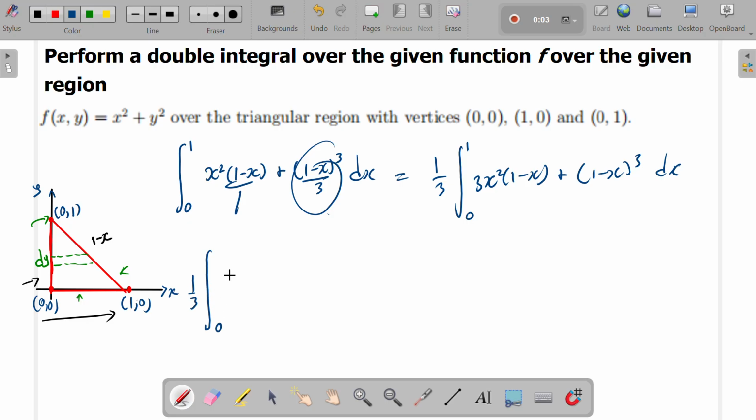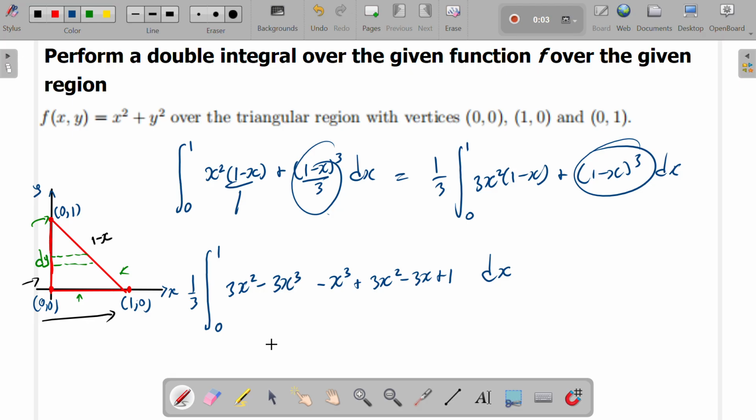So let's expand that. We have 1 over 3 here. If we expand this one, you're going to have 3x squared minus 3x to the power 3. Then expanding this one here is going to give you something like minus x to the power 3 plus 3x squared minus 3x plus 1, and you have dx there, like that.